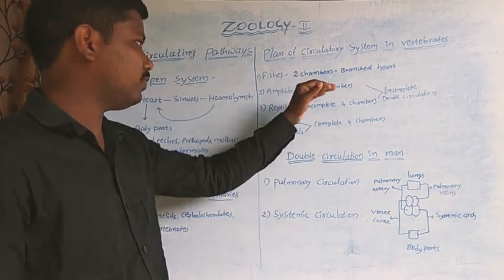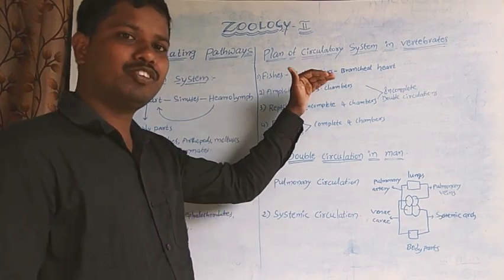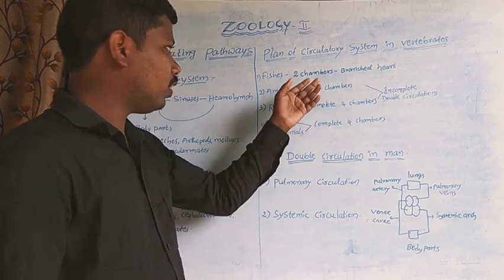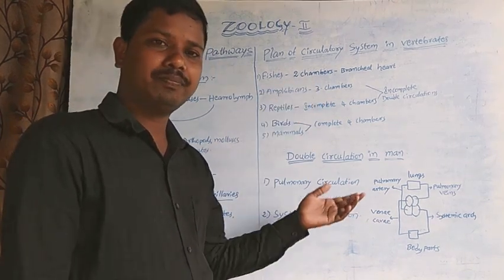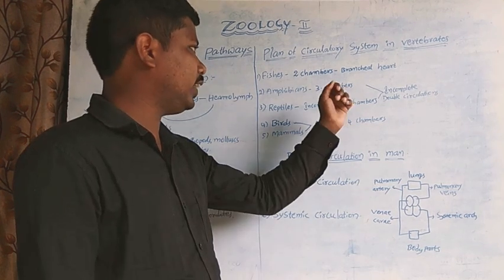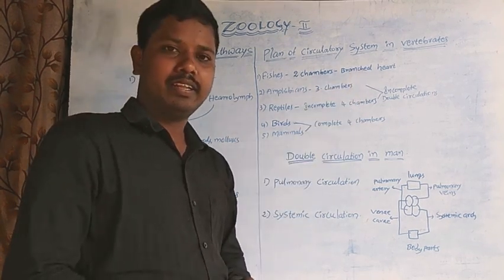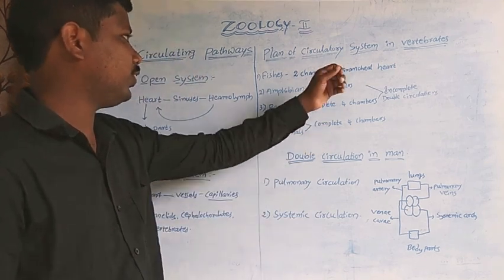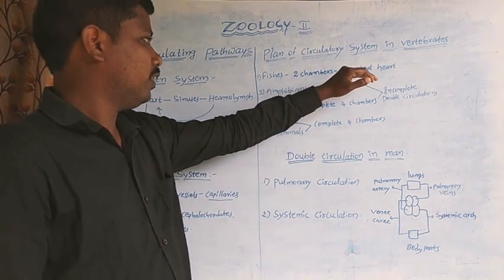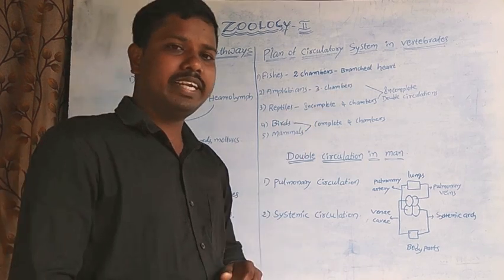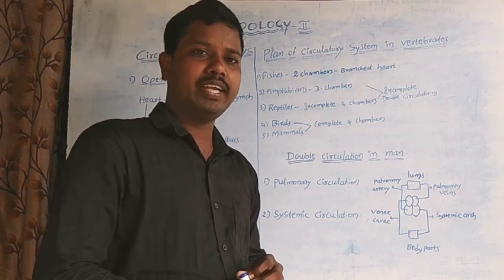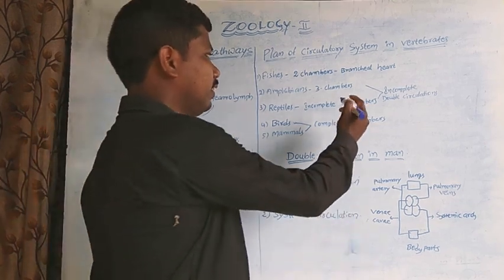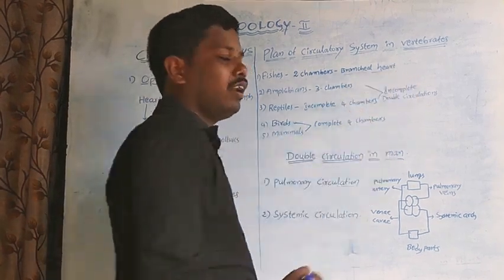A fish's heart consists of two chambers. The upper chamber is called the atrium, the lower chamber is called the ventricle. The heart circulates the deoxygenated blood to the gills for oxygenation. The deoxygenated blood is purified in the gills, hence it is called a branchial heart.